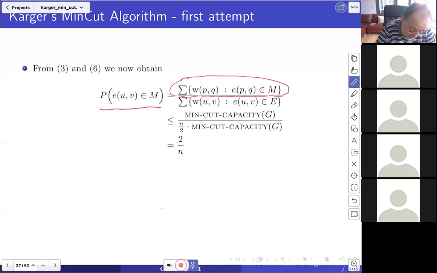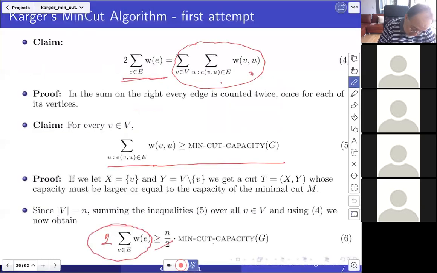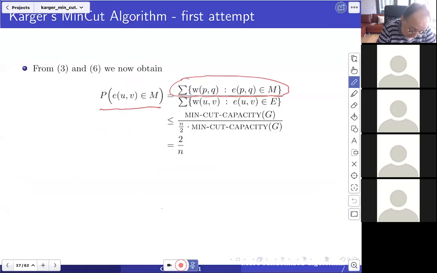And on the bottom, we get something that is larger or equal to n over 2 times the min cut capacity of G. So you get this estimate.